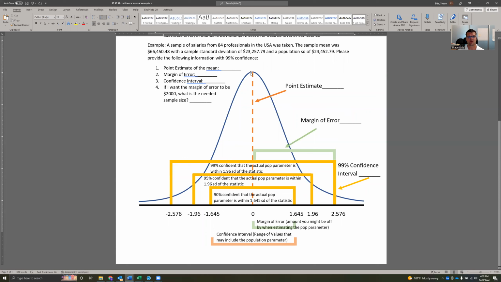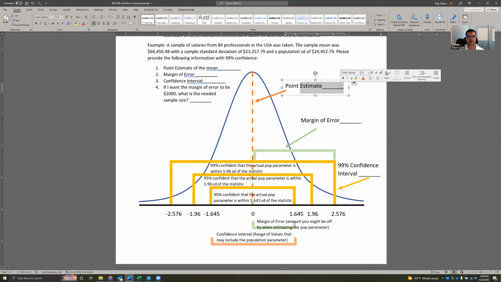This orange line might be a mean, so I'm estimating a mean. I've got a sample mean, but the question is, how confident am I that this point estimate actually represents the population mean?